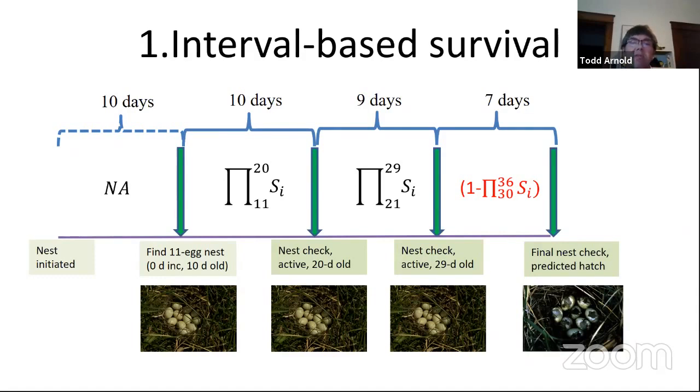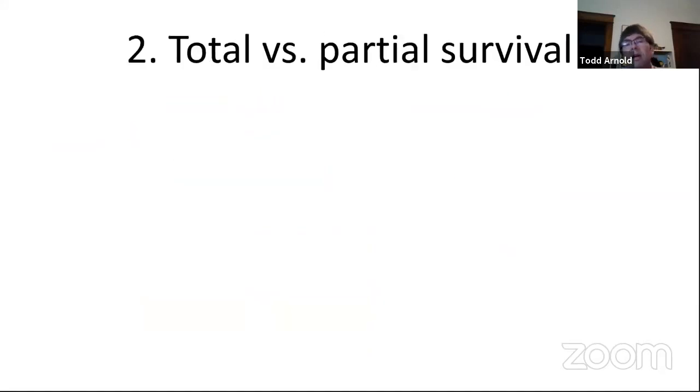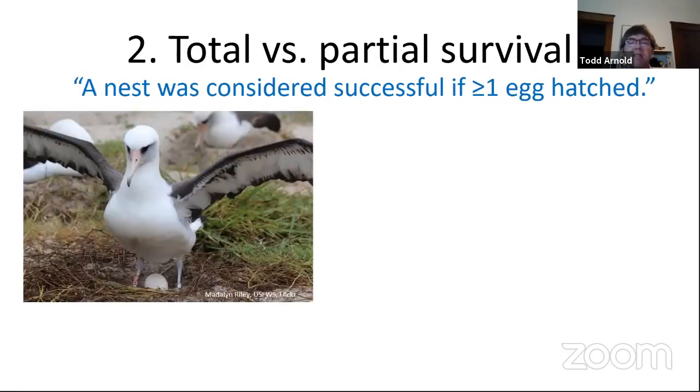So this is the basic structure I'm working with, but I want to add a couple of nuances. One of them is that traditionally, nest survival models have treated success as being 1 or more eggs hatched, and that's a successful nest. Now, if you're Wisdom, the Laysan albatross, and you only have a single nest, single egg, well, Bernoulli would be happy with you.